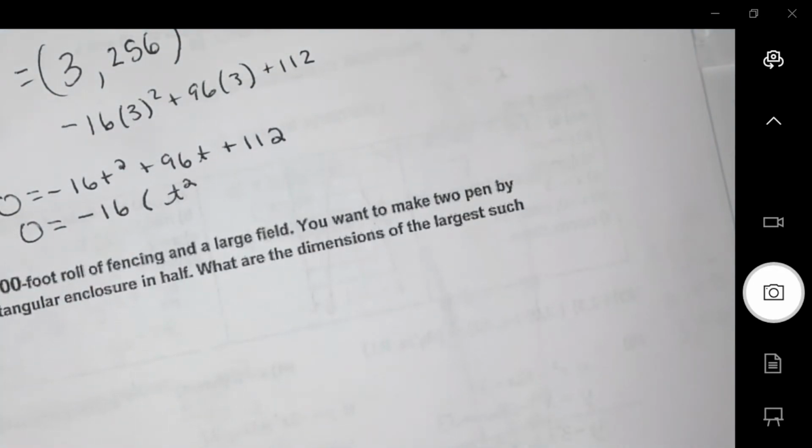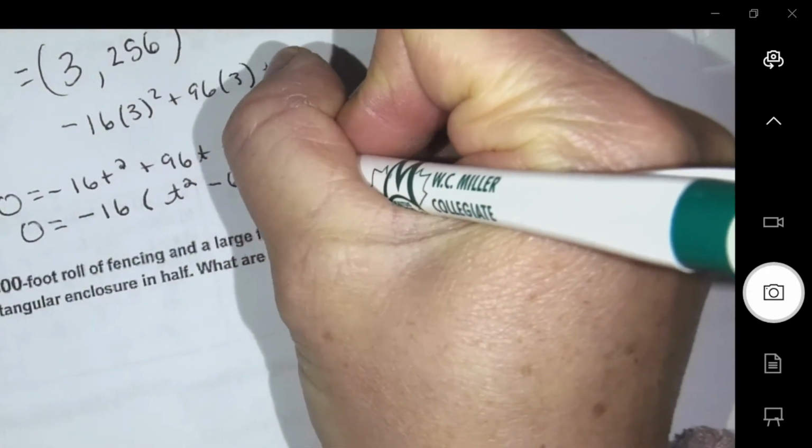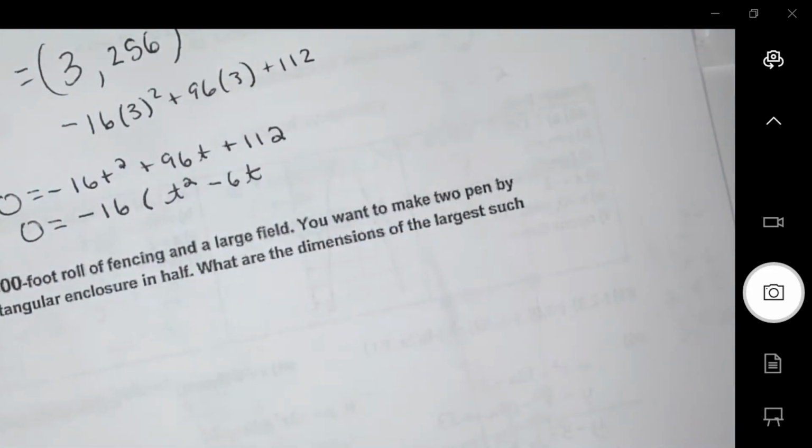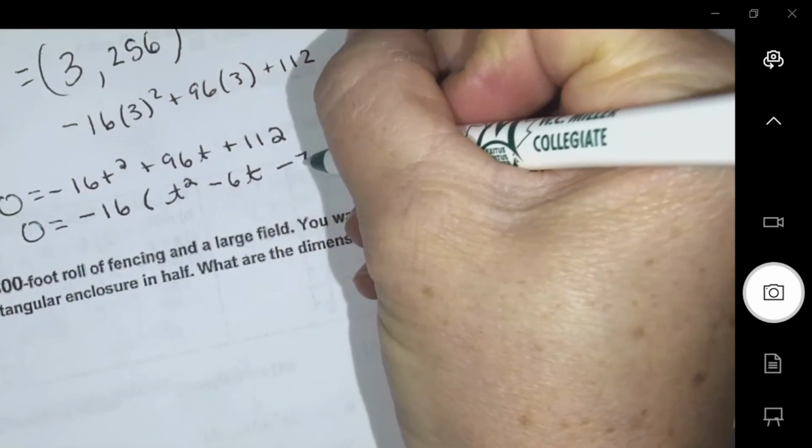And you might have your calculator. What is 96 divided by negative 16? So negative 6t. And then 112 divided by negative 16 is negative 7.